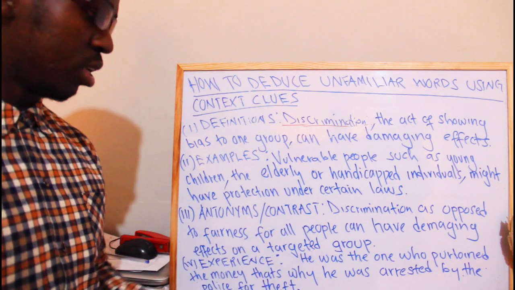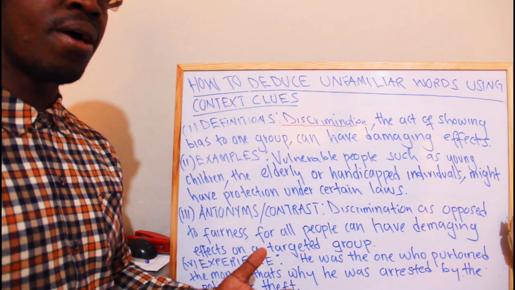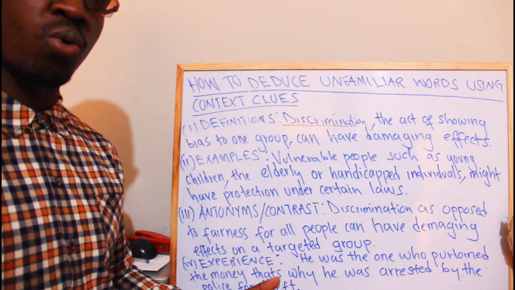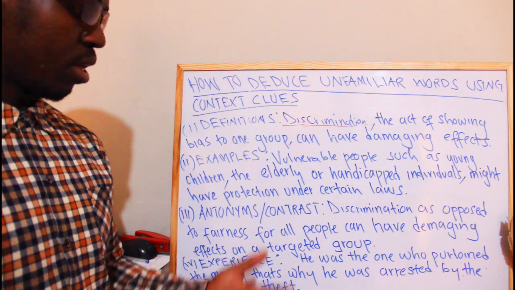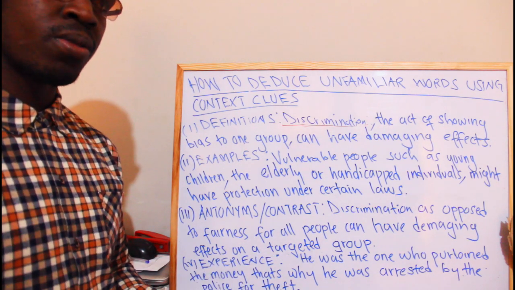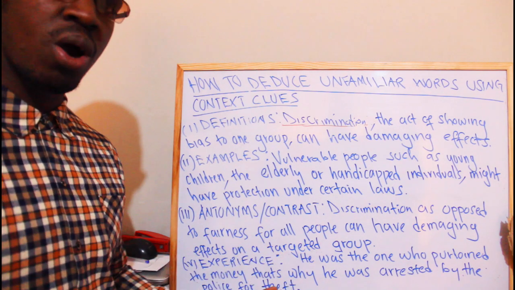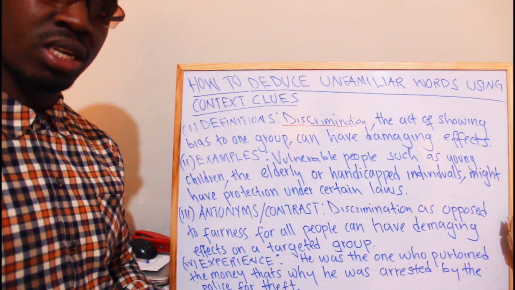The last one is called experience. Experience is another context clue that we can use to deduce or rather work out unknown words. What do we mean? Experience comes from our daily interaction with the world, how we know the world, and how people act in different situations.